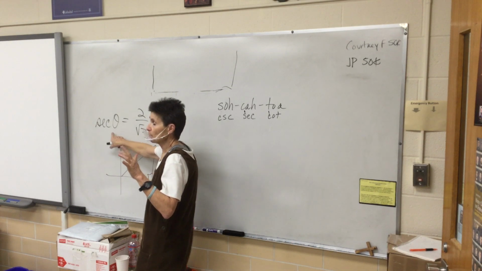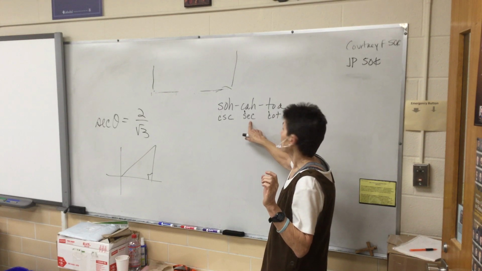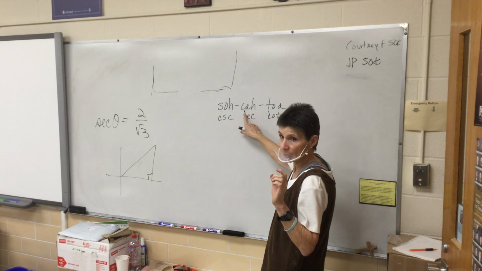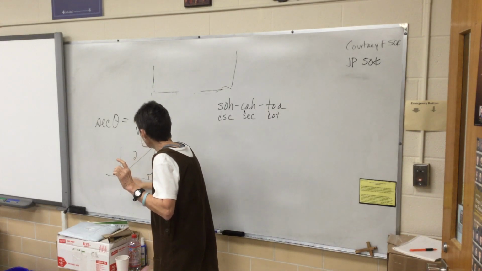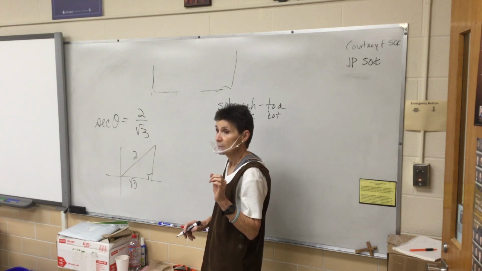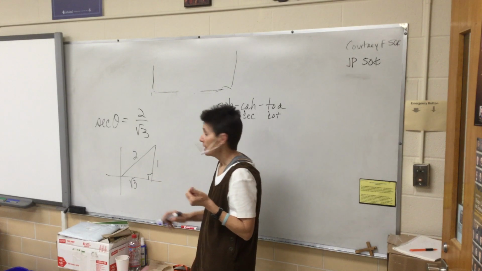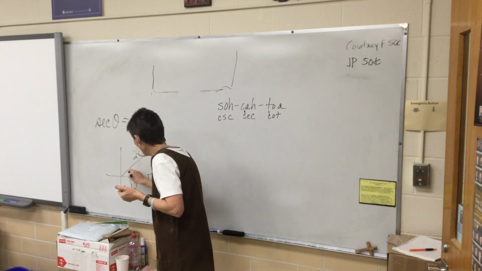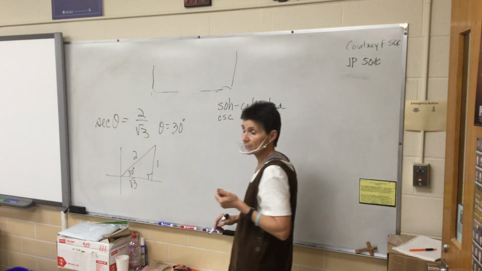That is the reciprocal of the cosine. So it's hypotenuse over adjacent. So hypotenuse is 2, adjacent is √3. That automatically makes the other side 1. And the angle across from 1 is 30. So the answer is 30 degrees.